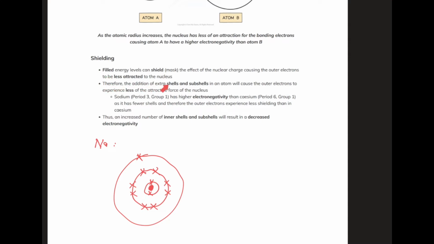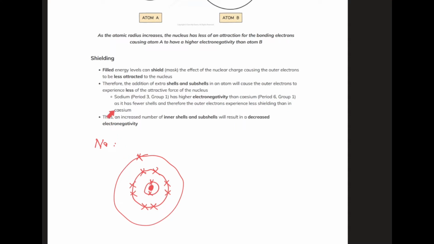Therefore, with the addition of extra shells and subshells, shielding gets greater and greater, causing the outer electrons to experience less of the attractive force of the nucleus. It is hard to attract now because of the shielding effect.